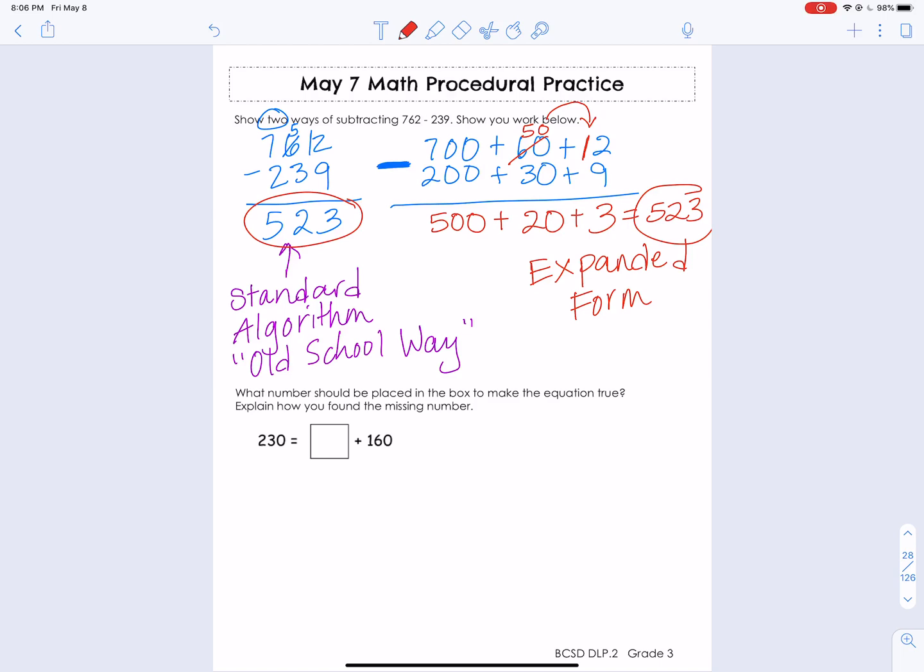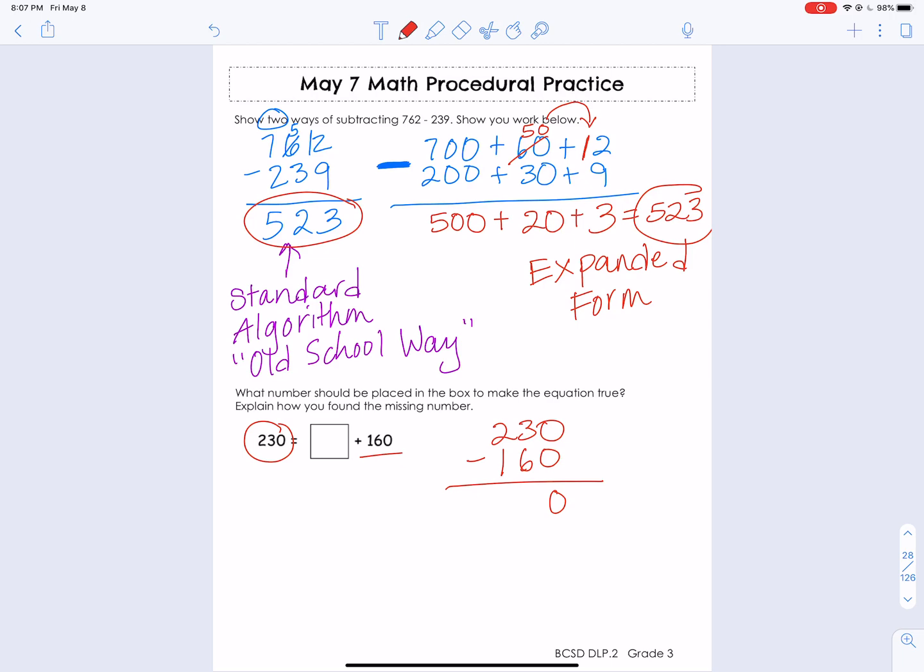So I'm going to rewrite this, and I'm going to do 230 minus 160. The answer goes on top, and I subtract the addend that I have. Now, when I get this answer, that's my missing addend. 0 minus 0 is 0.